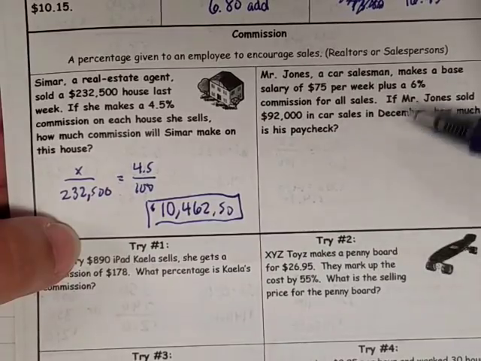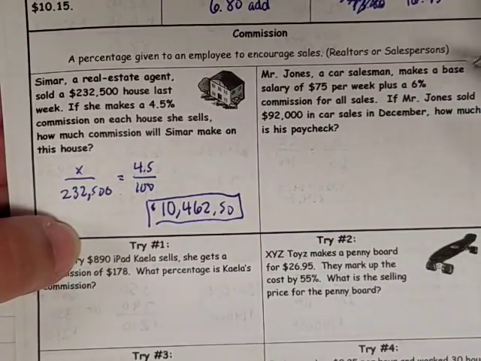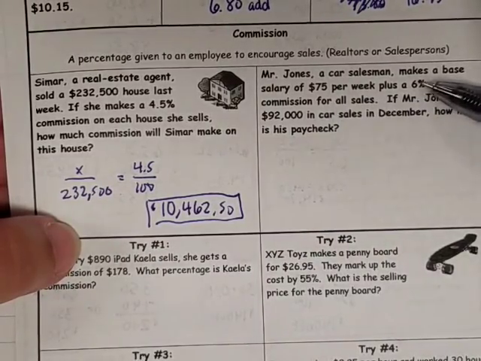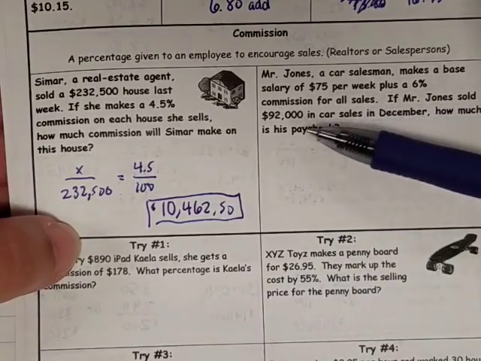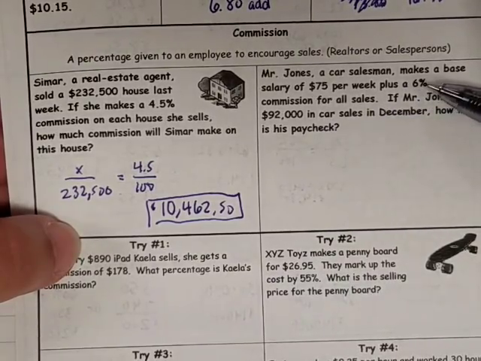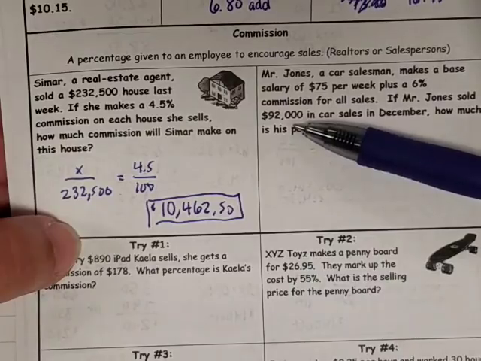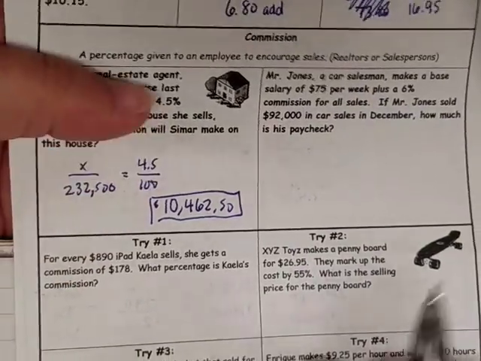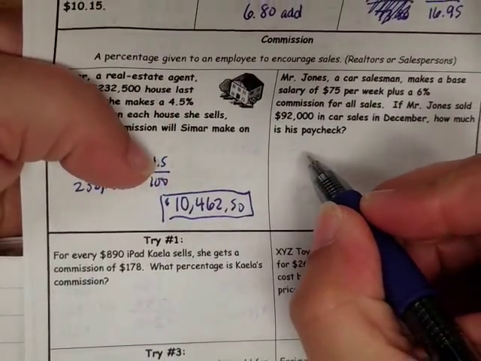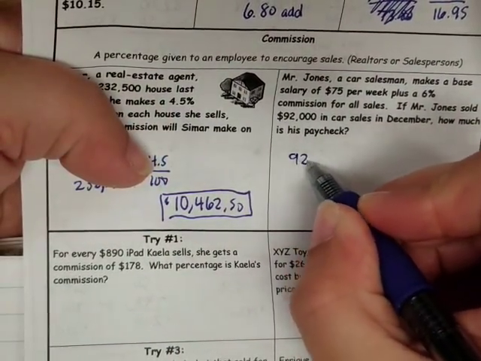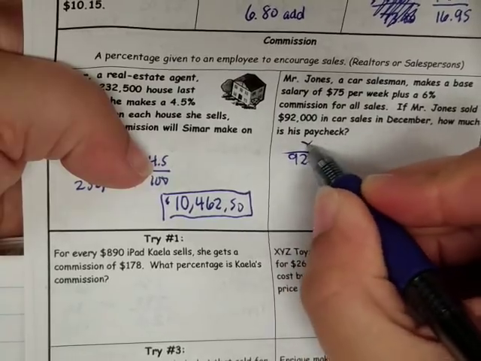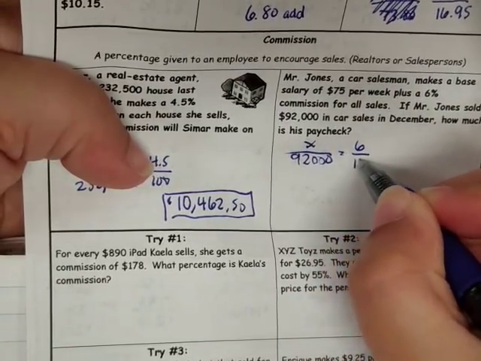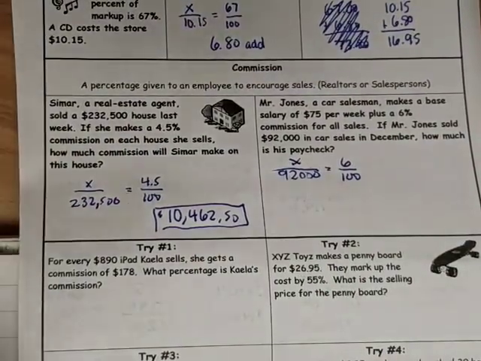And then same thing happens here. So a car salesman, he makes a base salary of $75 plus 6% commission. So if he does $92,000 in sales, he's going to make 6% off of the $92,000, and then we're going to add the $75 that he makes in his paycheck. So we're going to find 6% of $92,000.